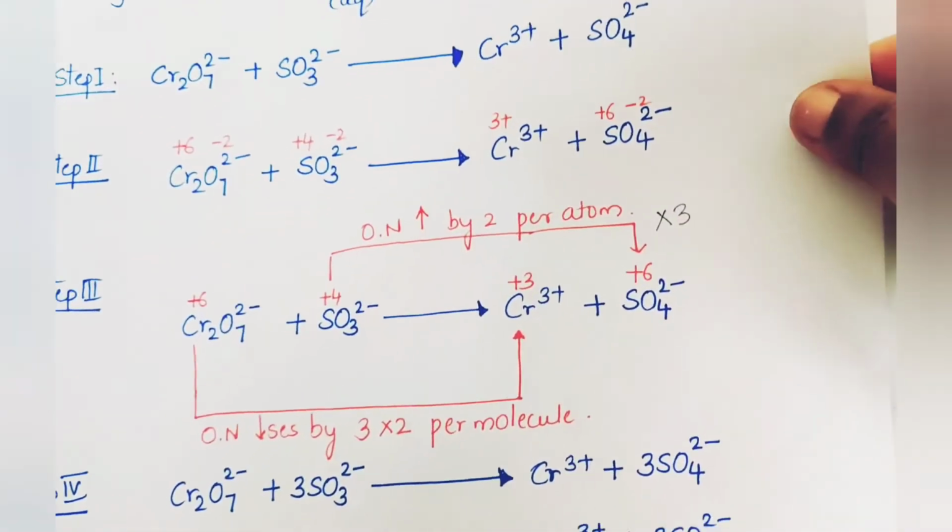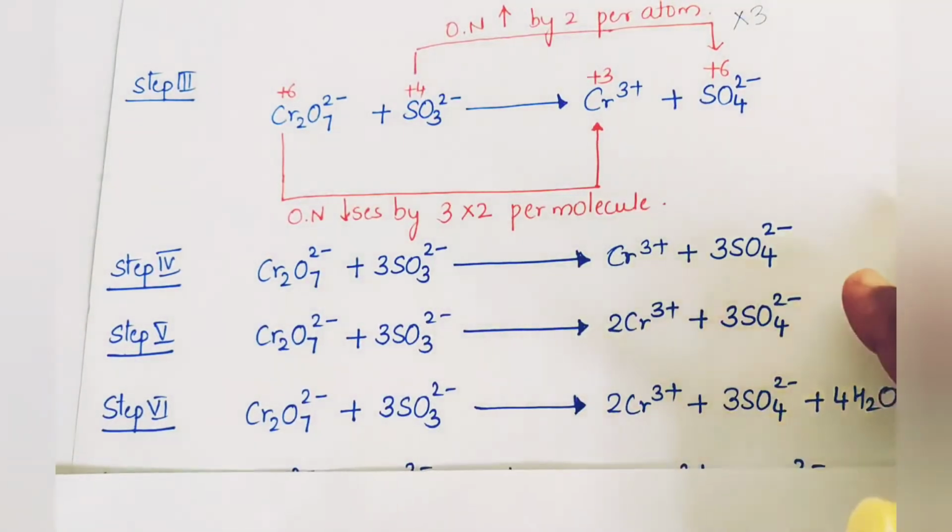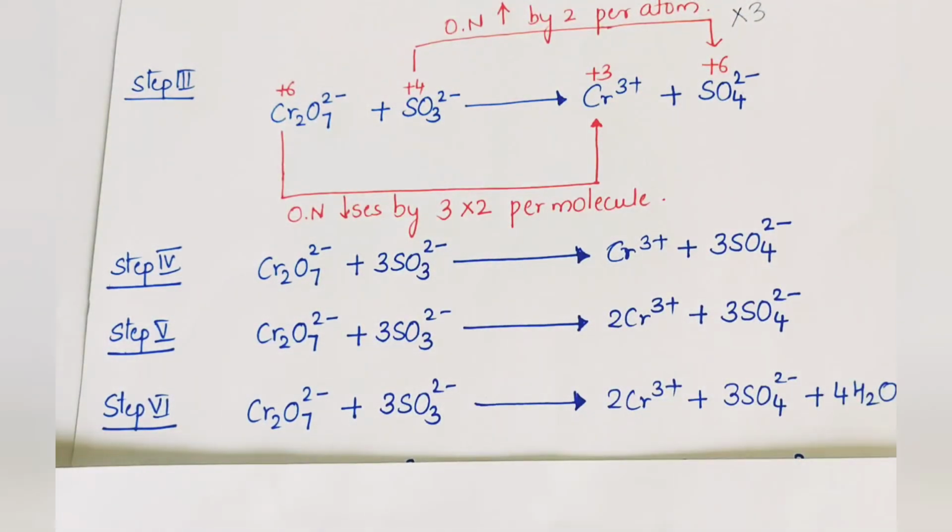Next, you are supposed to balance hydrogen and oxygen. For balancing oxygen, you are supposed to add water molecules to the side deficient of oxygen. Balancing of hydrogen atoms depends on what medium the reaction is in, acidic or basic.